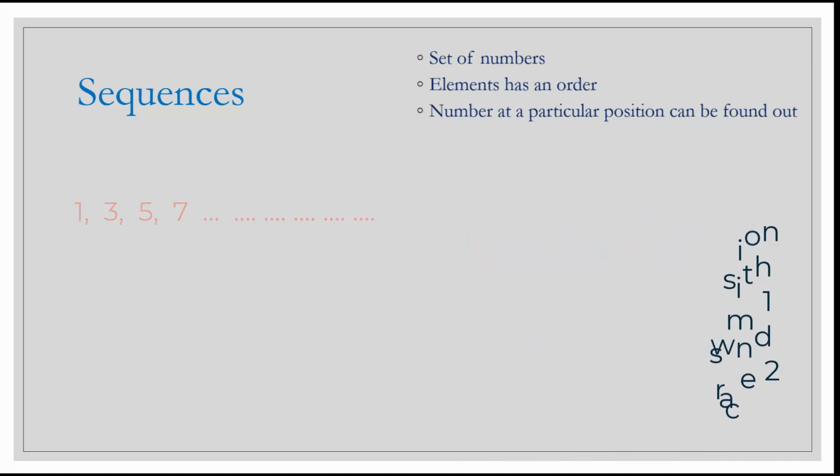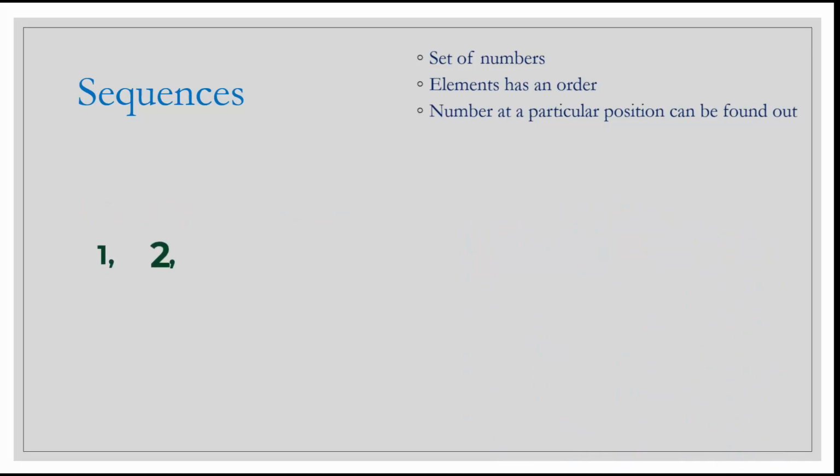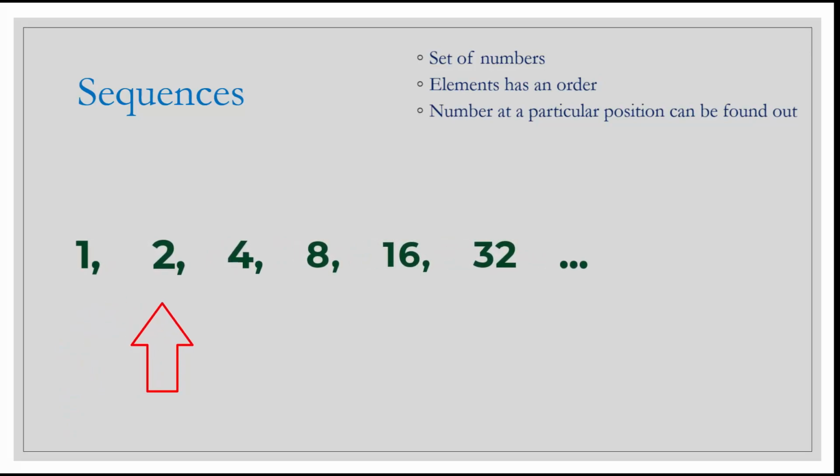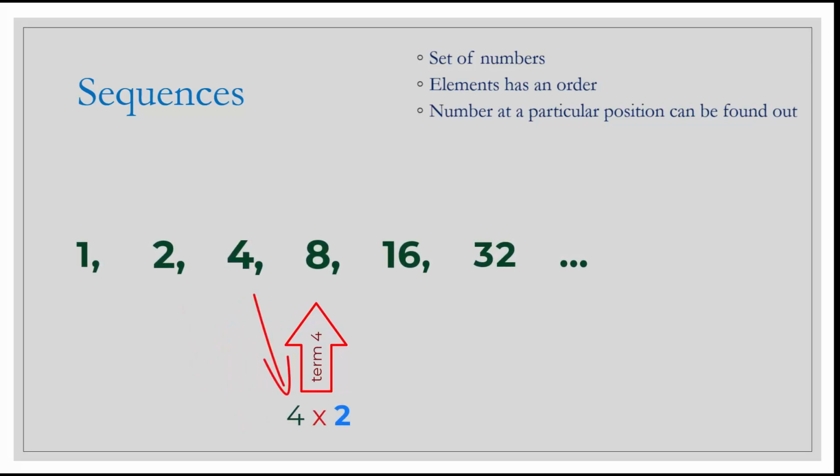Now consider another sequence. You may observe that the first element of this sequence is 1 and the second element is formed by multiplying the first by 2. Again, the third element is obtained by multiplying the second by 2. The fourth element is got from its previous element by multiplying by 2 and so on.